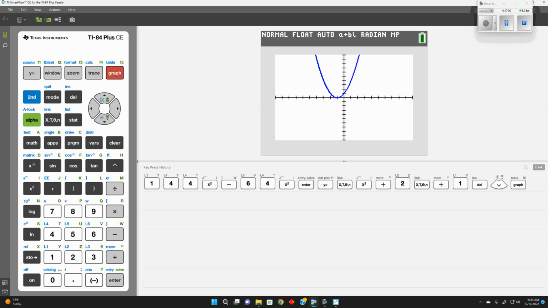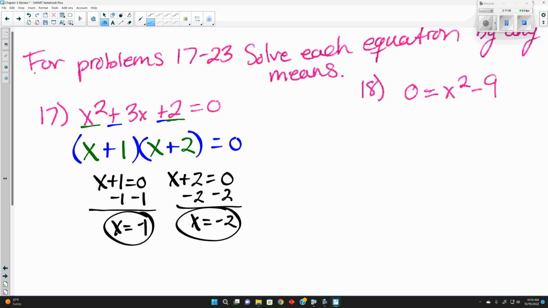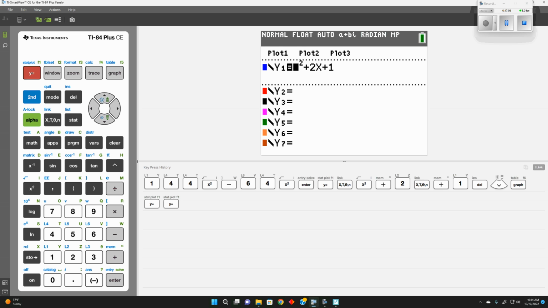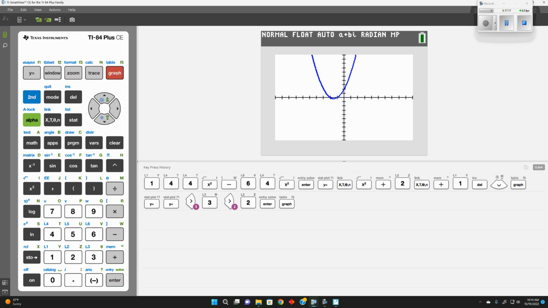So we have this here. That's why. Because it's x squared plus 3x plus 2. And if I graph this, okay, we do see it crosses at two places, yes?